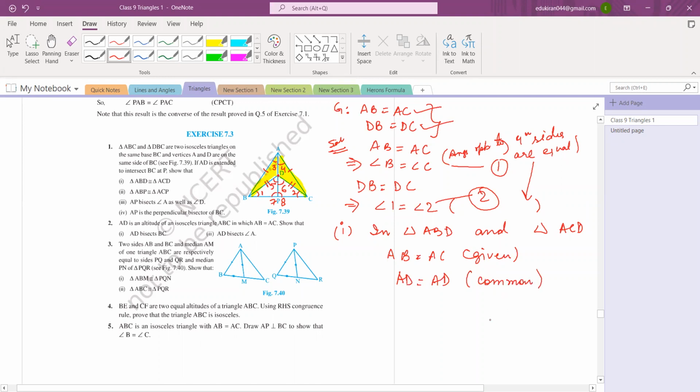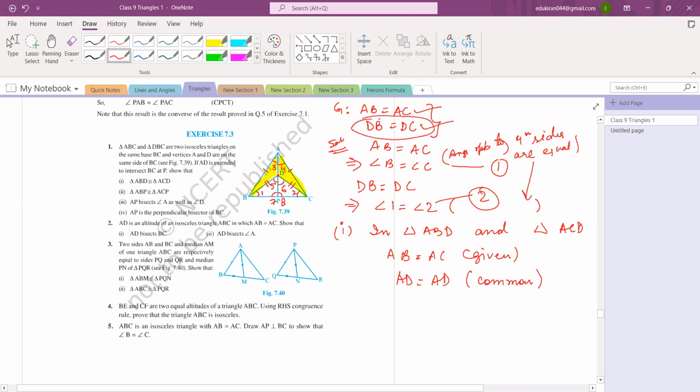And there is one more thing which is equal here. Hamna, tell me, which other side is equal? BD, exactly.